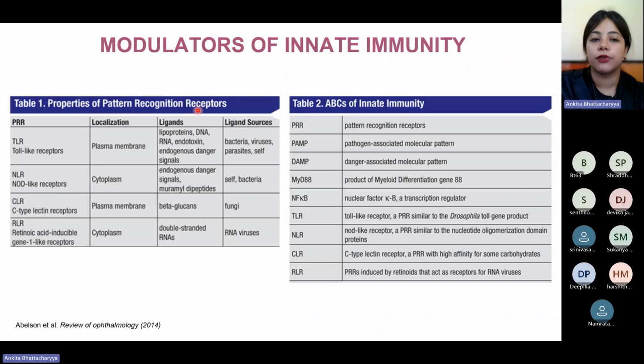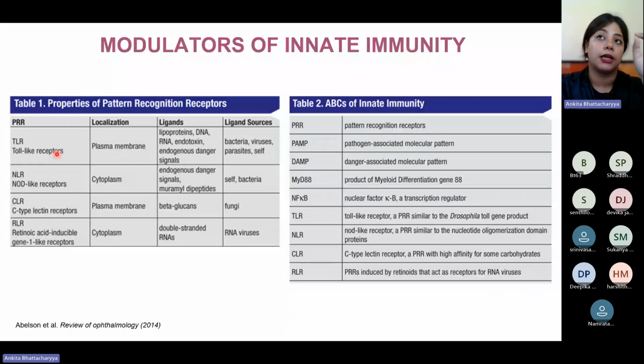We talked about pattern recognition receptors being very relevant towards the functioning of the innate immune system. But when we talk about pattern recognition receptors, they are of different subtypes. The first type you see are TLRs, toll-like receptors. Again, keep in mind, it's not a single receptor. They are a family of receptors, and each TLR is responsible for triggering a different type of pathway.